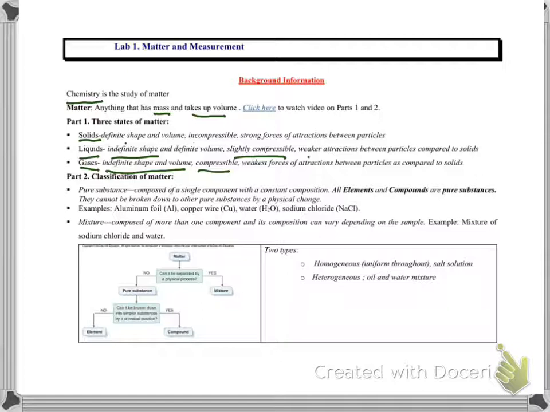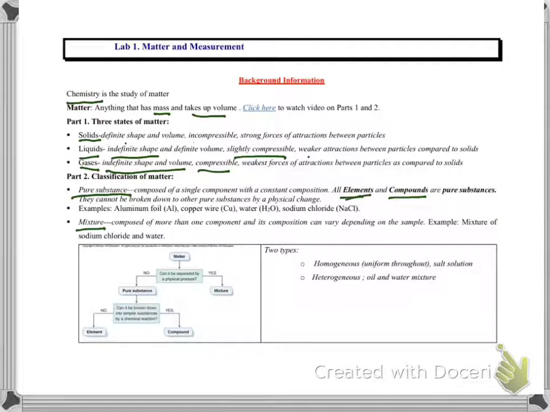Now, we can also classify matter as pure substances or mixtures. And again, pure substances can be elements or compounds. For first, look at the elements.